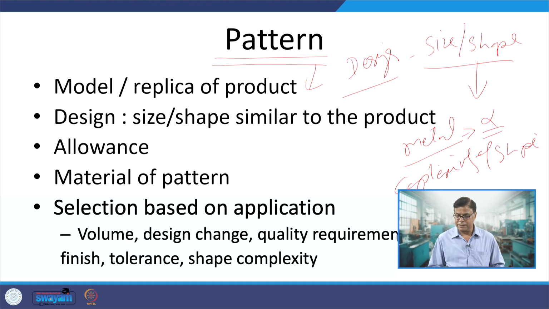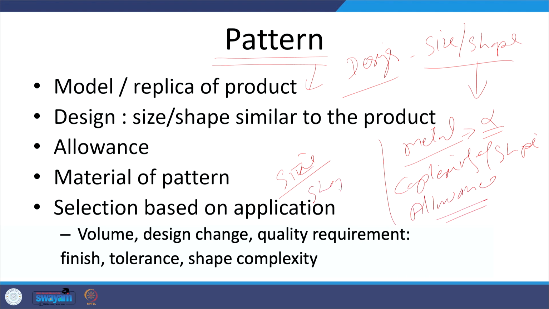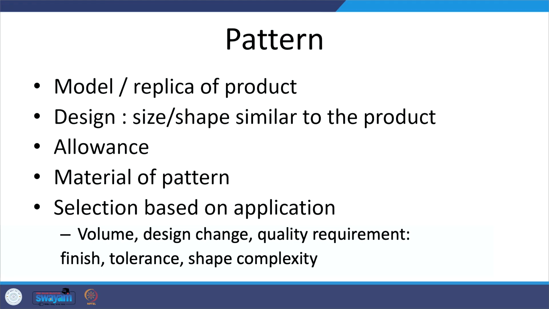Another factor is the various allowances which are to be given to the pattern. They will affect not just the size, but also the shape. Shape is affected primarily considering the distortion possibility.